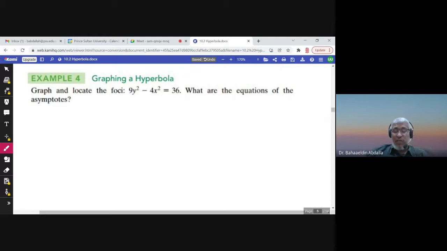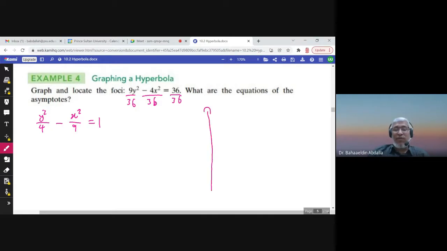What are the equations of the asymptotes? The equation here is not written in the standard form. So as we know, we divide by 36 as we did in the ellipse. So I'll have y square over 4 minus x square over 9 equals 1.